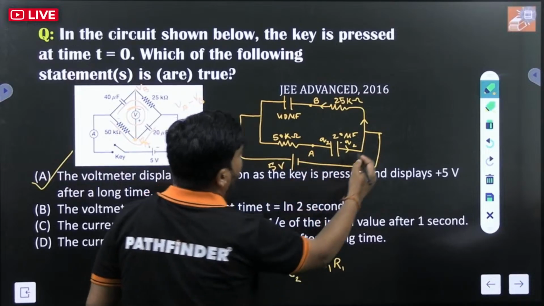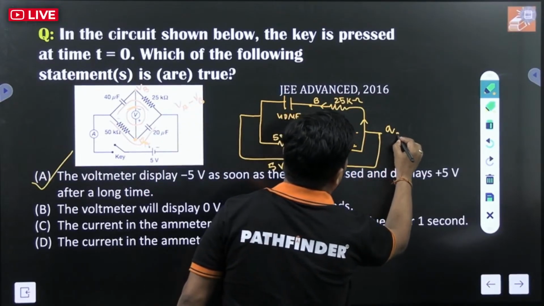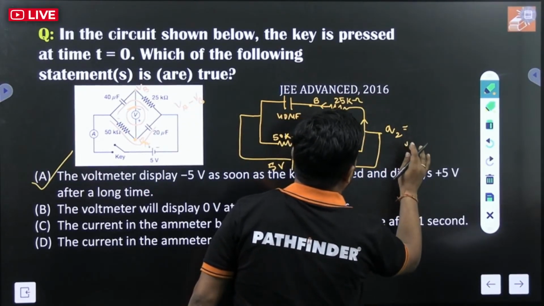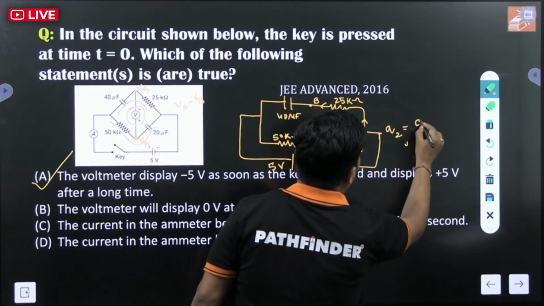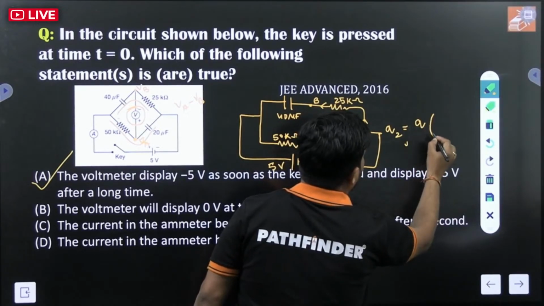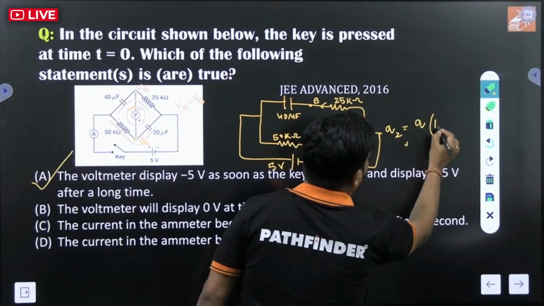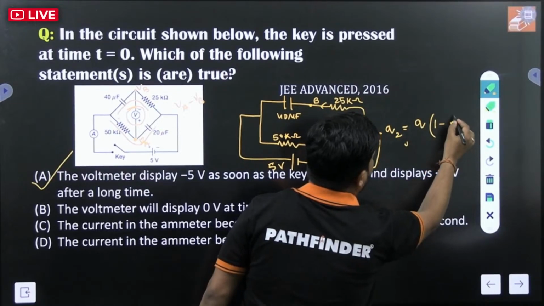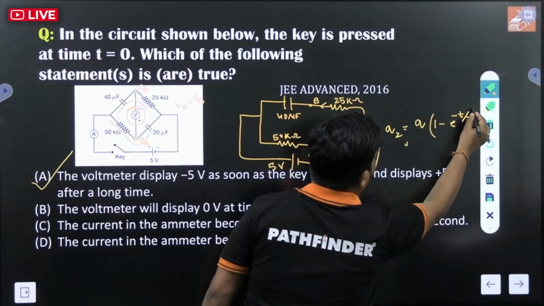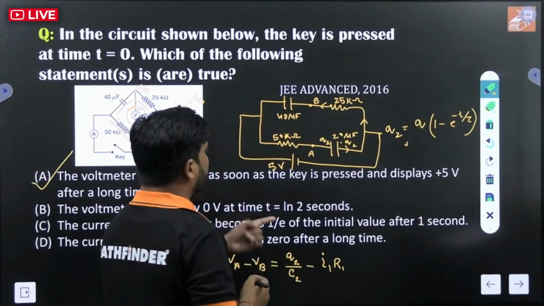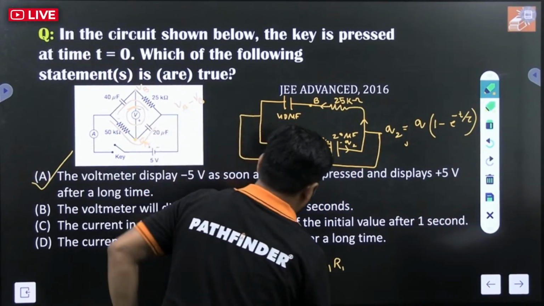Now Q2 by C2. What is the value of Q2? Can we write Q2 as Q, total charge, into 1 minus e raised to minus t by tau? They are asking at time t is equal to ln 2 seconds. So let's put that value.